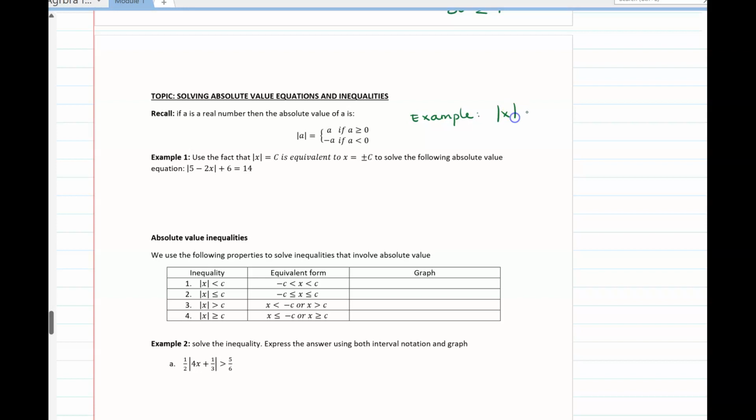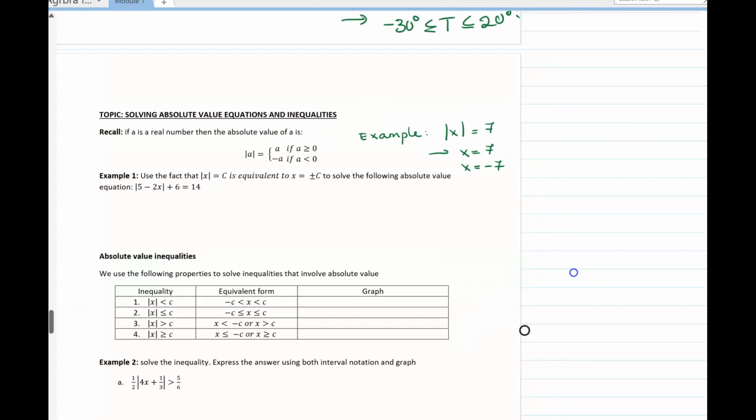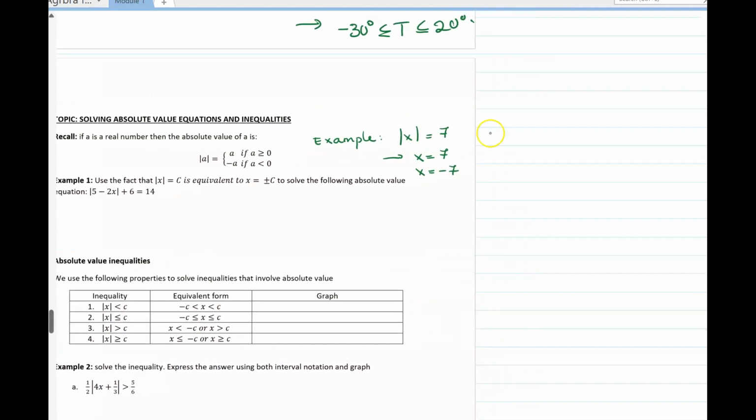the absolute value of x equal to 7. This implies x is either equal to 7 or x equal to negative 7. So the absolute value is talking about the distance to 0, or the origin, whatever that origin may be. The origin in this case is 0.